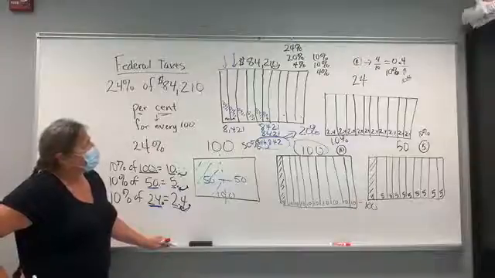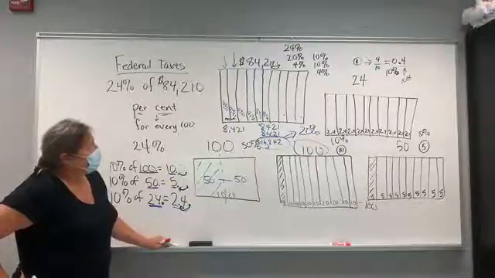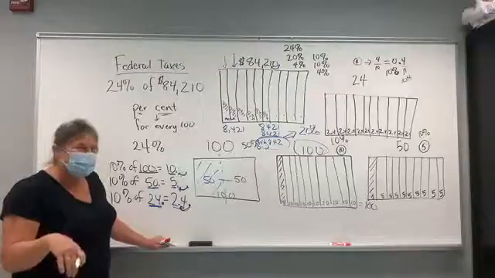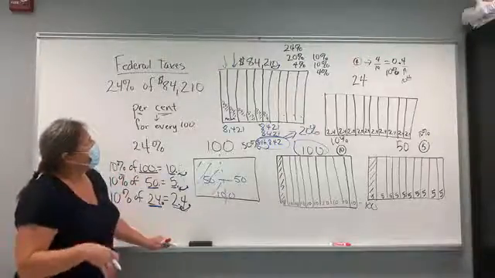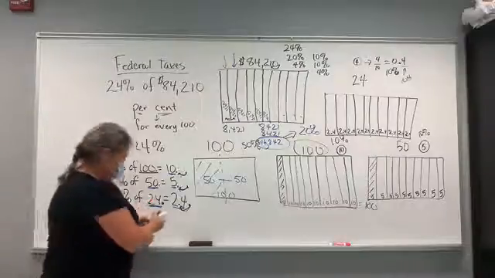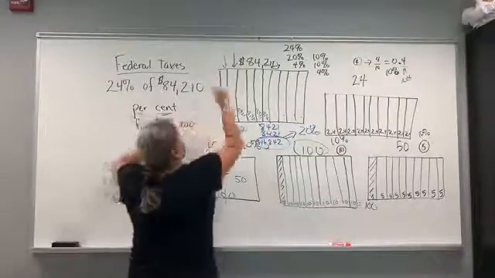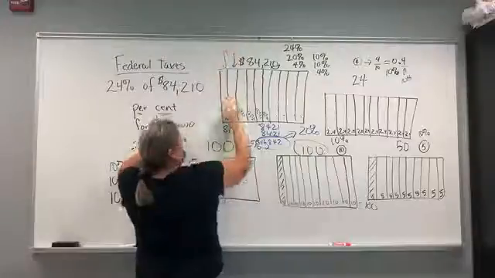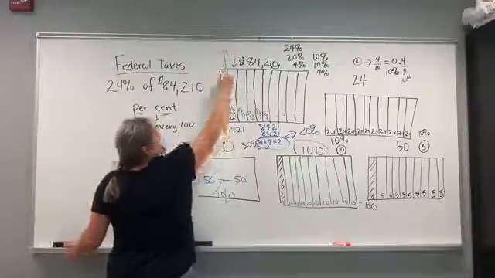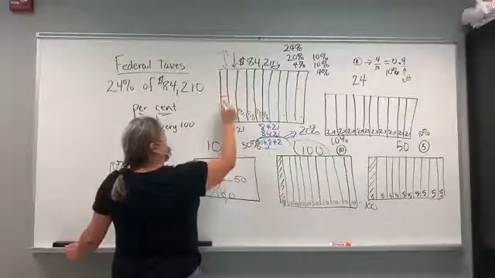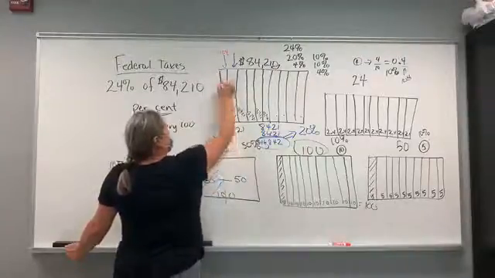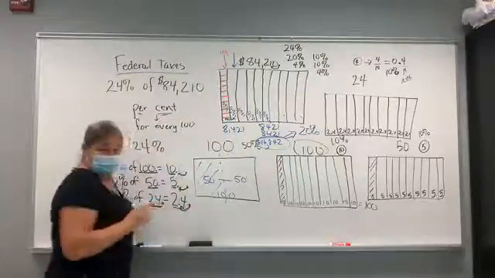4%. So here's what I'm going to do with 4%, because I don't want to use a calculator, and I don't want to do long division or all that nonsense. So I'm going to look at this in terms of 4%. Now, if we look at this, remember we said that this one column is 10%. If this is 10%, I should be able to split this into 10 more pieces.